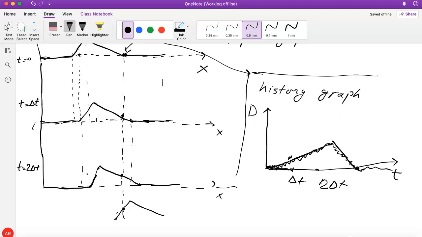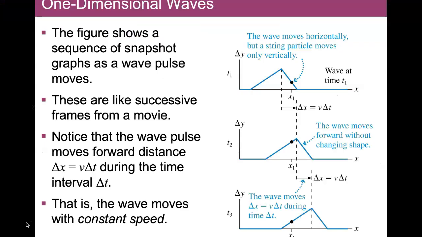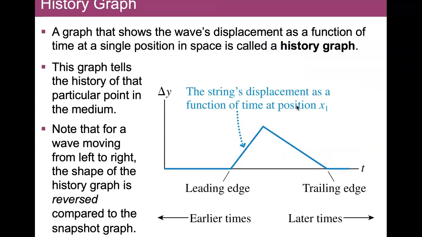So let's take a look at some slides here. That's perhaps a cleaner picture of what I was trying to draw. Every time a time delta t passes, you just shift forward your pulse by a length delta x, and from this we can extract the history graph at some given point as a function of time.